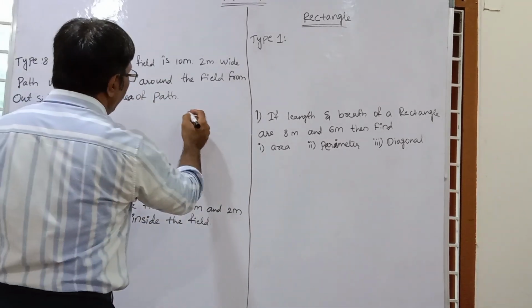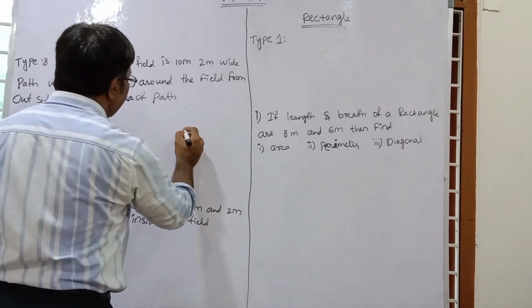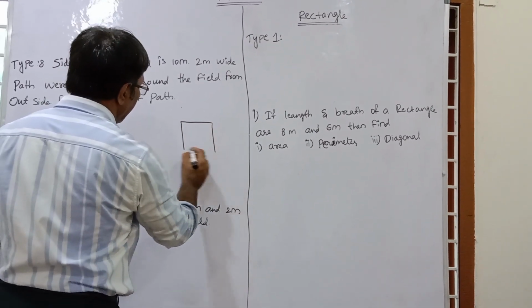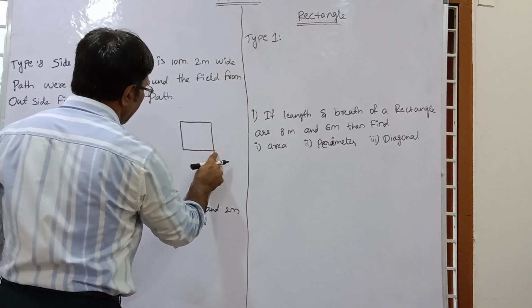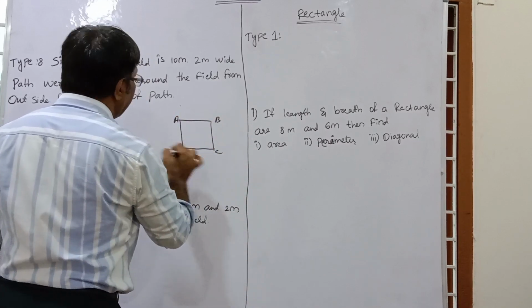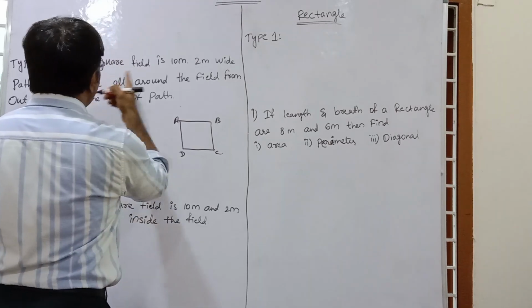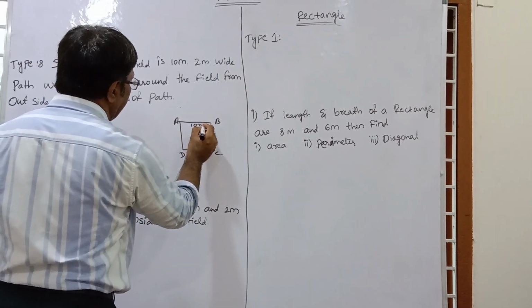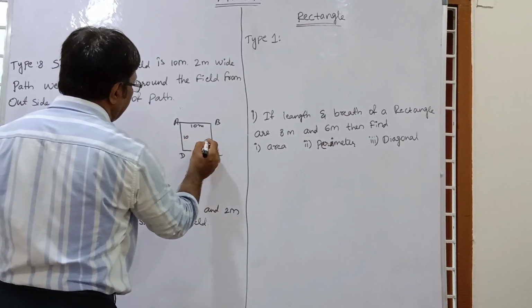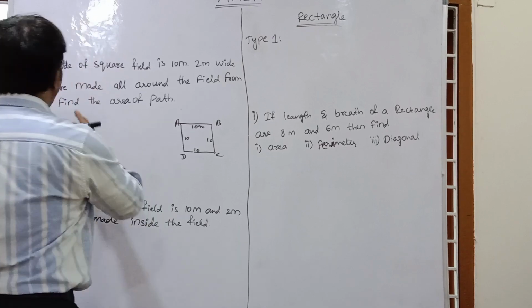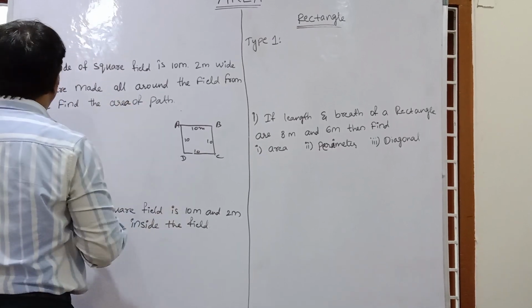So you see from the figure first. This is a square ABCD, right? And now the side of the square is given as 10 meters. Suppose all sides are 10 meters. So this is 10 meters, this is 10 meters, this is 10 meters. Okay. And now the path is made all around the field from outside.